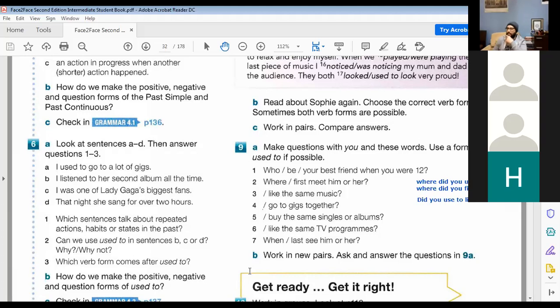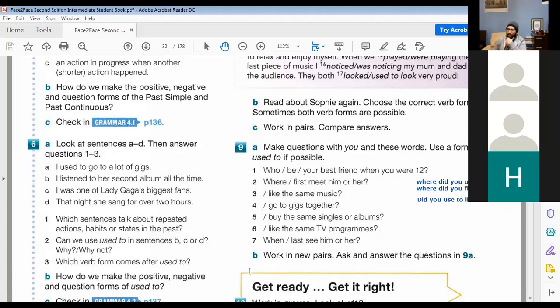Did you used to buy the same singles or albums? Correct. You can, because when you use buy in this way, we don't mean one time, we mean generally. And if it's generally, it's probably repeated. They're asking about your taste in music. Do you get the idea?